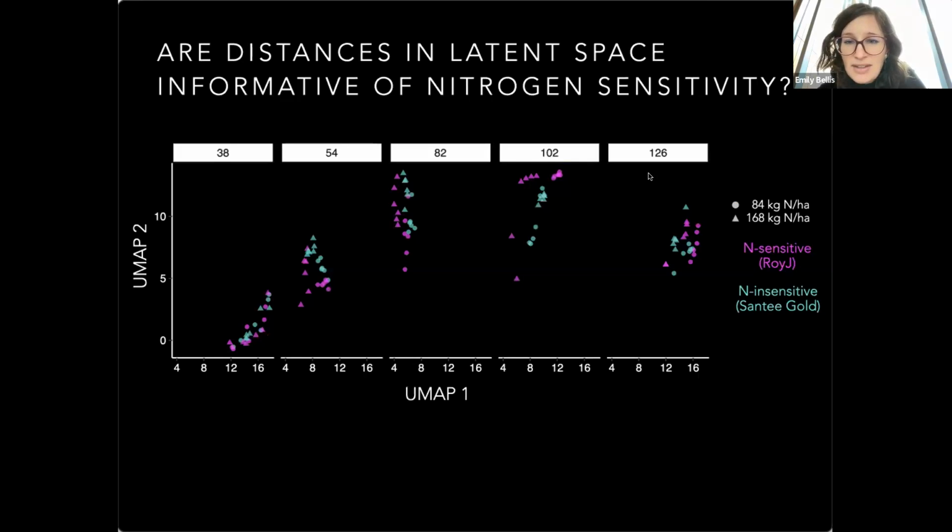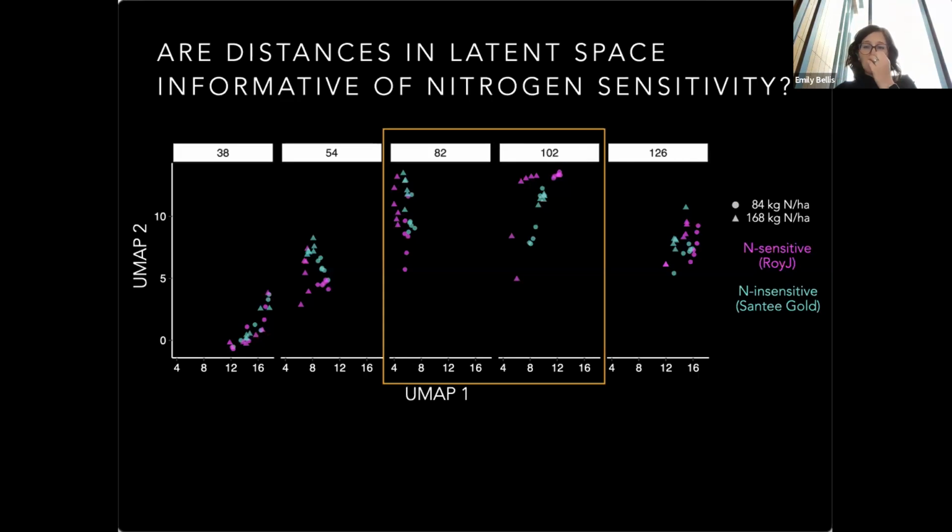What you can see, and I think this is especially apparent on day 102 and day 82, is that for the nitrogen insensitive variety in blue, there's certainly a lot of variation, but these points are much closer together for low and high nitrogen than they are for the nitrogen sensitive variety. So I think that these latent spaces are actually doing a pretty good job of capturing variation in stress response trajectories in this space.